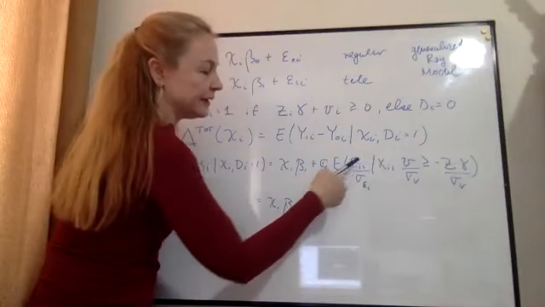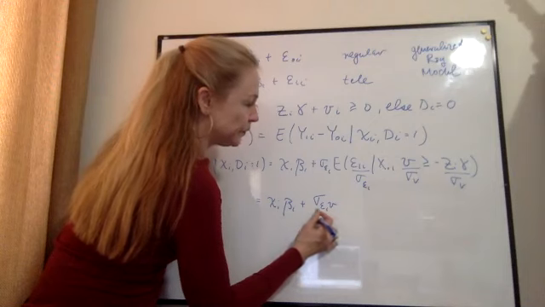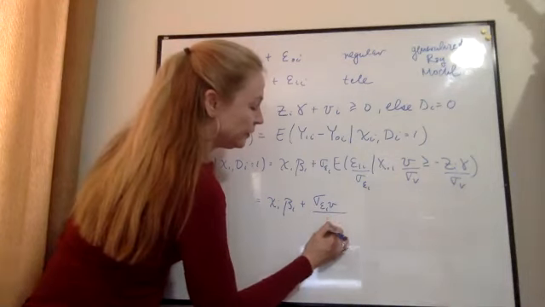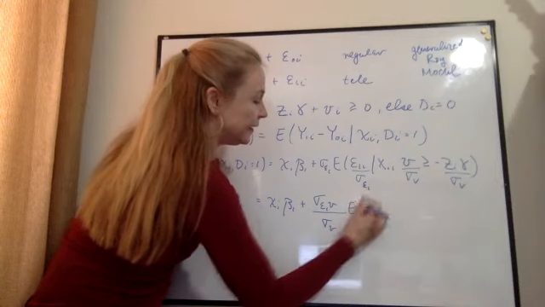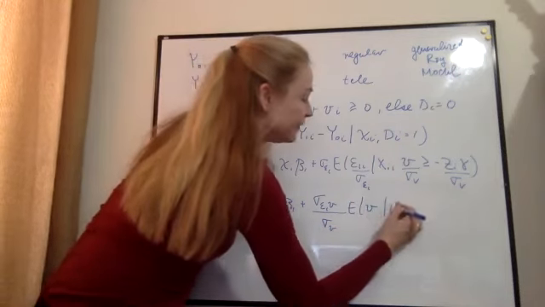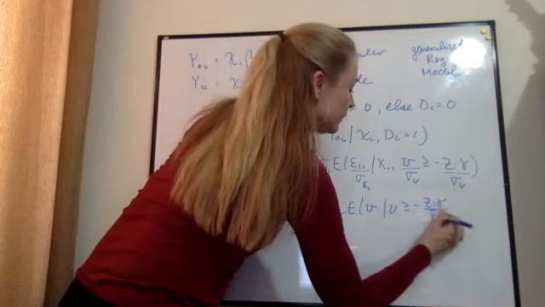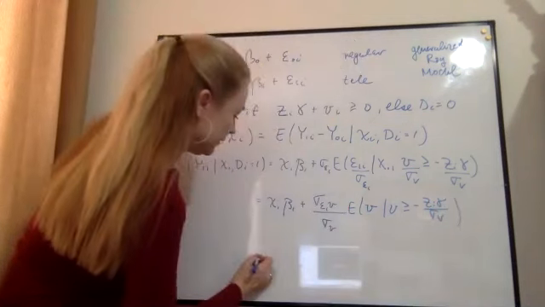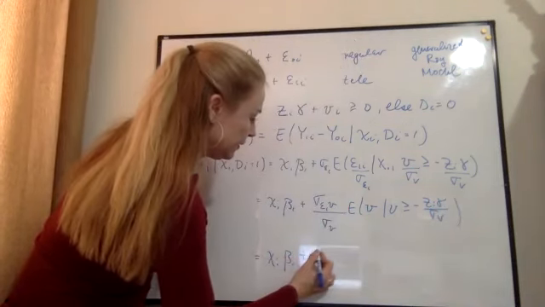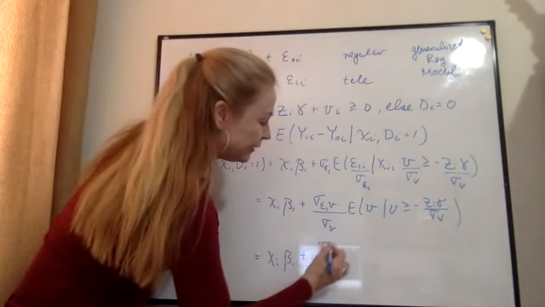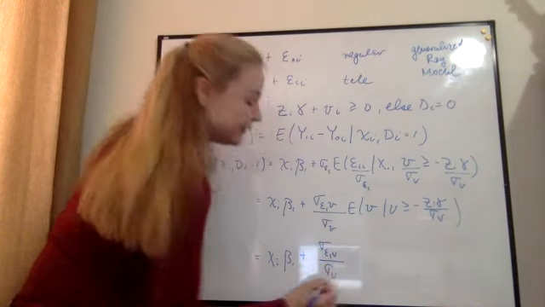So it's just going to be this covariance, and then over sigma V. And then this is E of V given V greater than or equal to minus Z_i gamma over sigma V. So this is X_i beta 1. I know this is a little painful when you first do it, but after you get used to the formulas, it's not so bad.